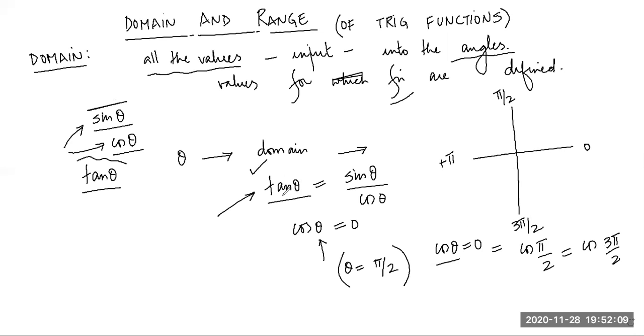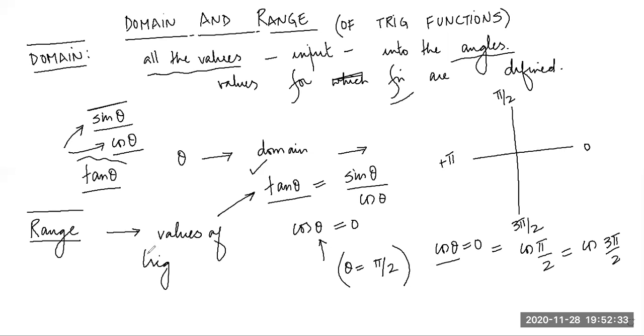Now, in this lecture, we are going to define the domain for all the trigonometric ratios. Now, students, the second is range. Whatever is the domain of any trigonometric function, what is the value of the trigonometric function? That consists of the range, the values of trigonometric functions.